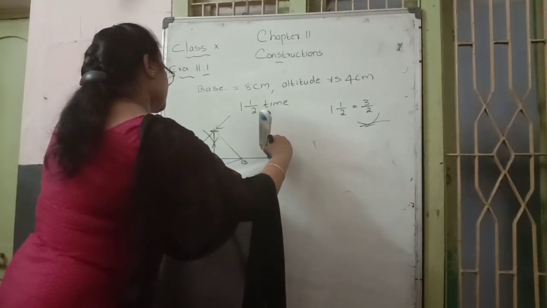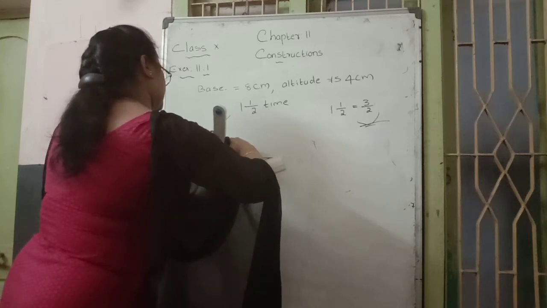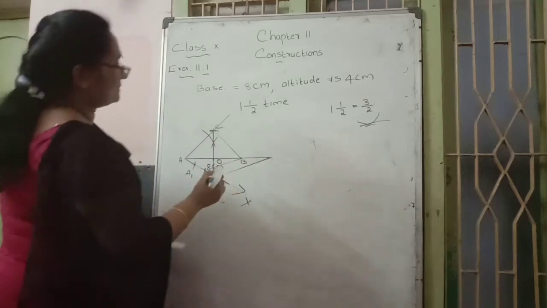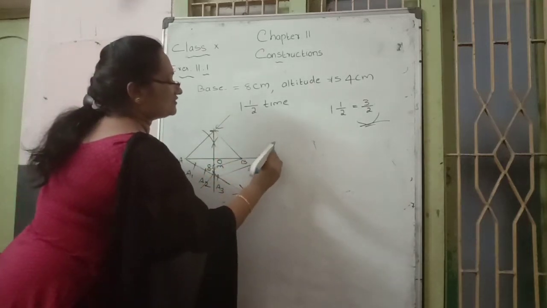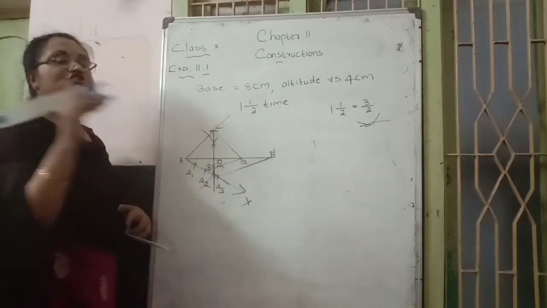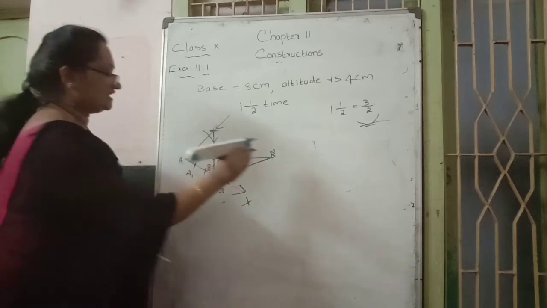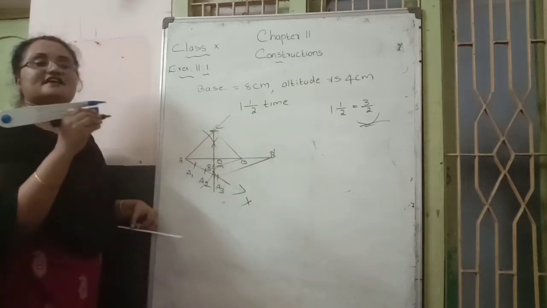To which side? This side, adjust the scale and draw the parallel line to AB. The cutting point, mark it with the alphabet B dash. This intersecting point is marked as B dash. B dash A3 is the parallel line to the BA2 line.